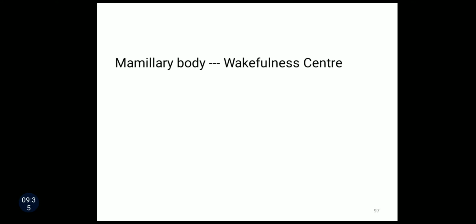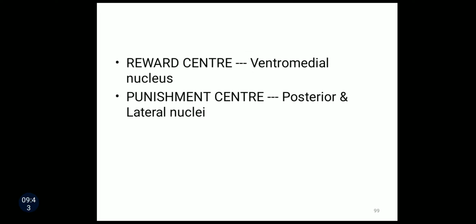Then the next function is the role in behavior and emotional changes. For this, there are two centers in the hypothalamus which control behavior and emotions. These two centers are called the reward center and the punishment center. The reward center is situated in the medial forebrain bundle and the ventromedial nucleus of the hypothalamus.